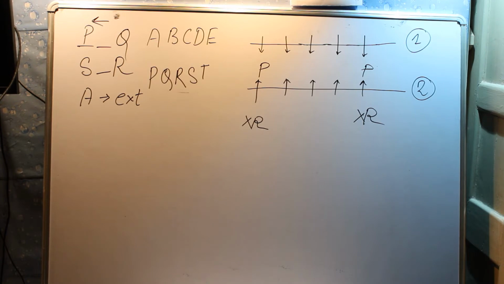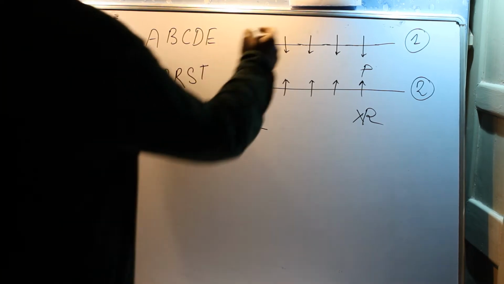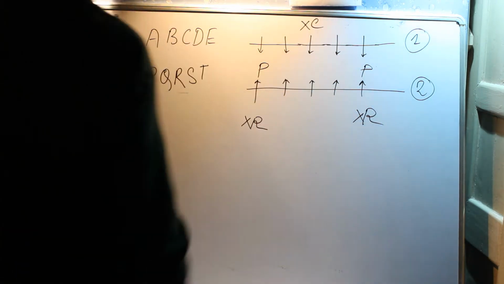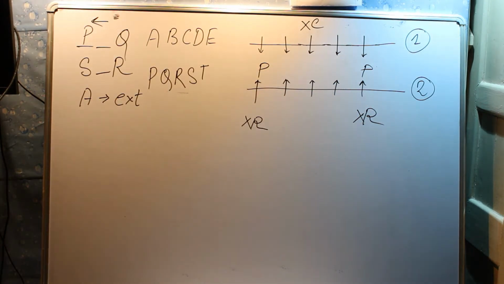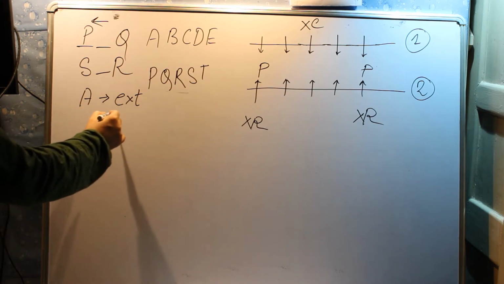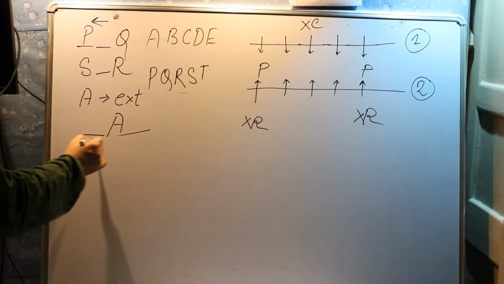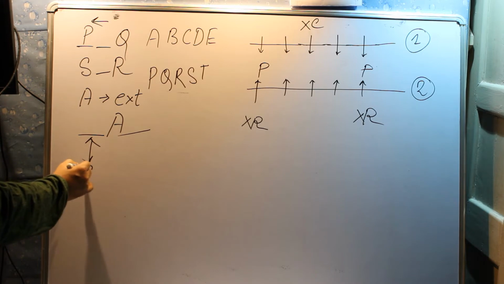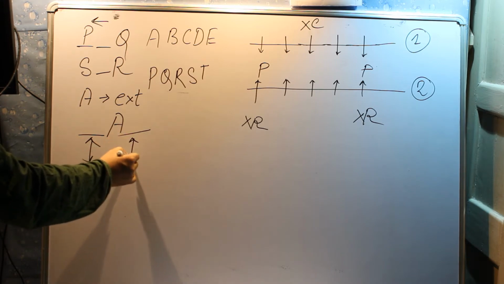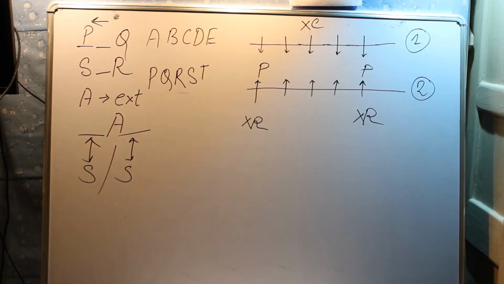C is not in the middle position. Person sitting next to A faces S. So if this is A, the person sitting next to A can be either left of A or right of A, and that person will face S. Either way.